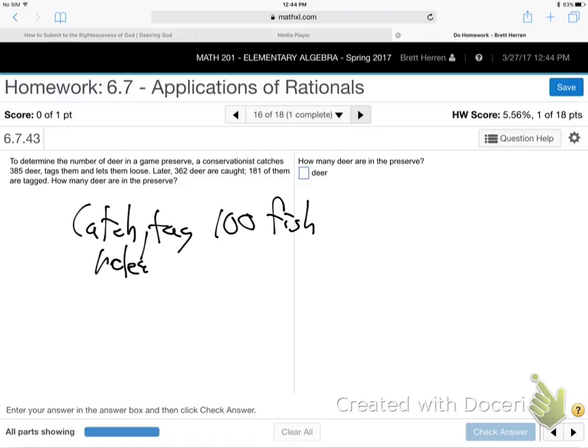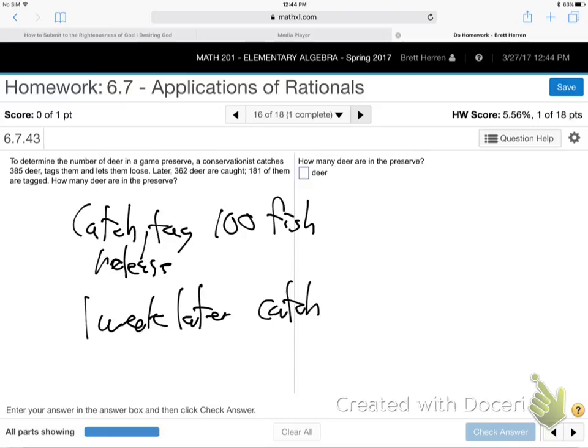For example, let me appeal to you logically and show you how that makes sense. What if I told you that we catch and tag, I don't know, 100 fish. Catch, put a tag on, 100 fish, and then release them. And then 1 week later, the fish all swim around.